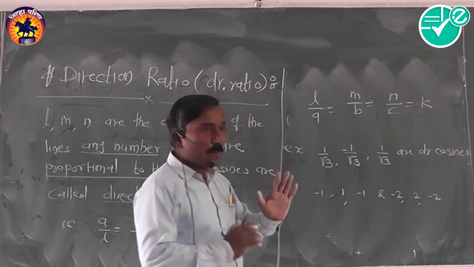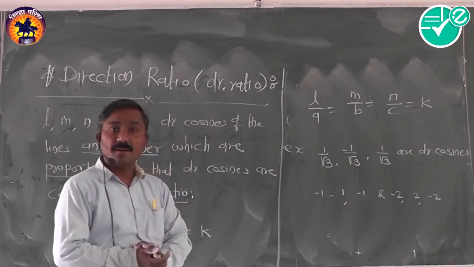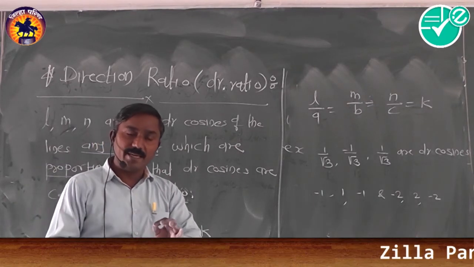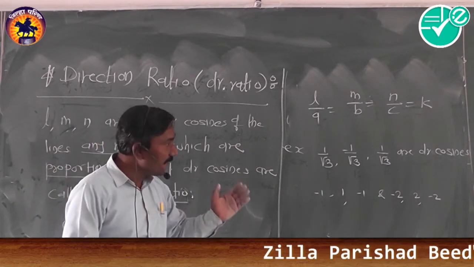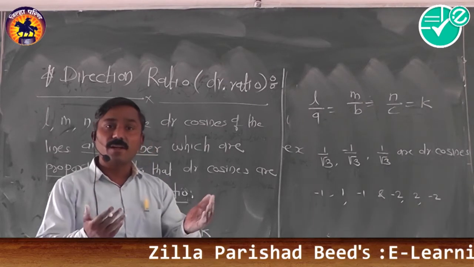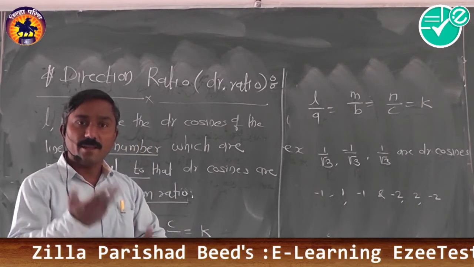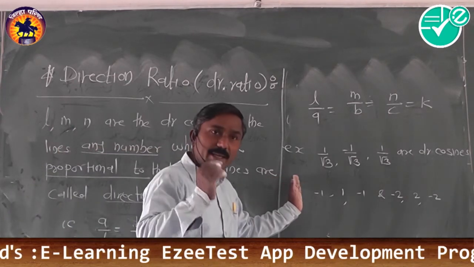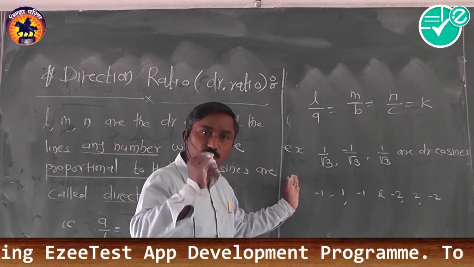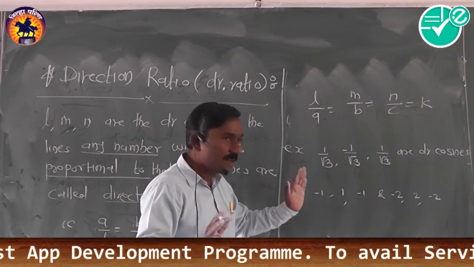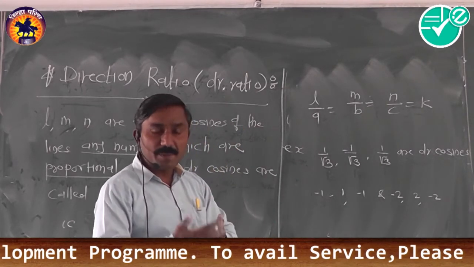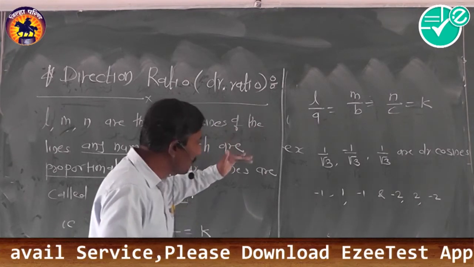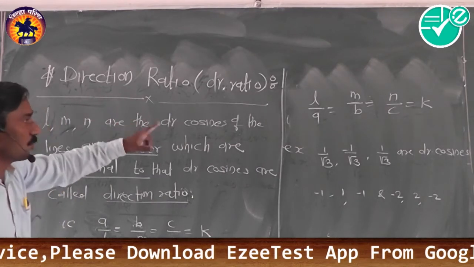Means from this we can say that direction cosines are unique, but direction ratios may be different, in fact infinite. The line has only one unique set of direction cosines, but direction ratios may be many. This is the main difference of direction ratio.